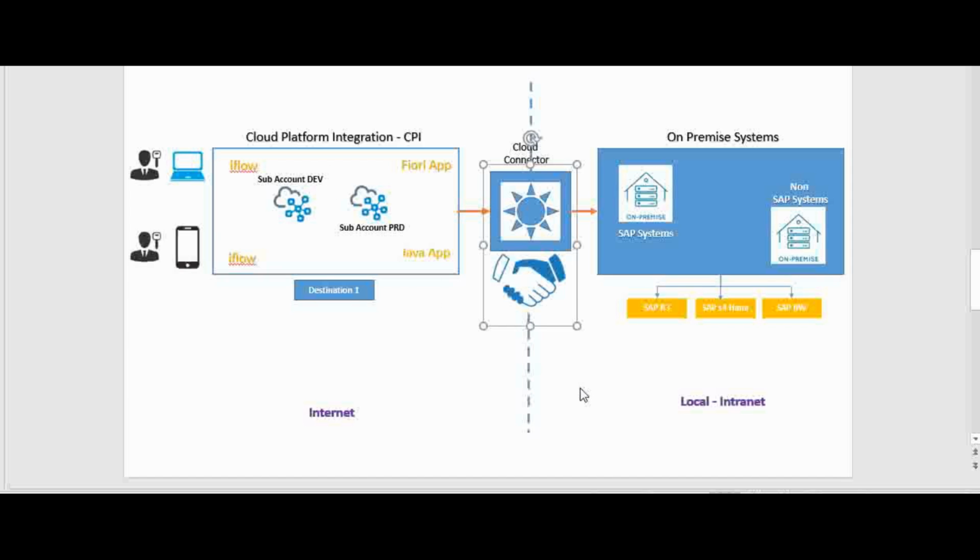So generally I will log into the cloud connector and create the handshake between these two systems. First I will register the left side portion. What is my subaccount? The cloud connector will be introduced to the entity called subaccount dev, maybe with the ID number 1.